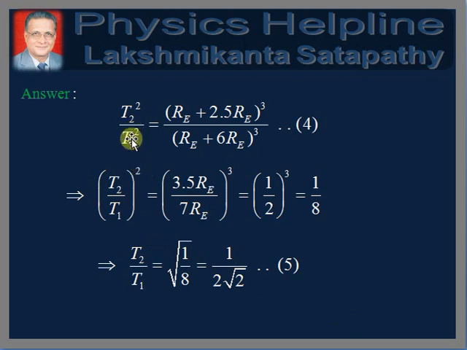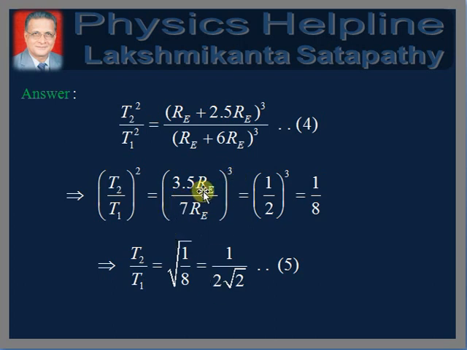Now, LHS T2 square divided by T1 square can be written as T2 divided by T1 whole square, which is equal to RE plus 2.5 RE gives us 3.5 RE divided by RE plus 6 RE is 7 RE whole cube.